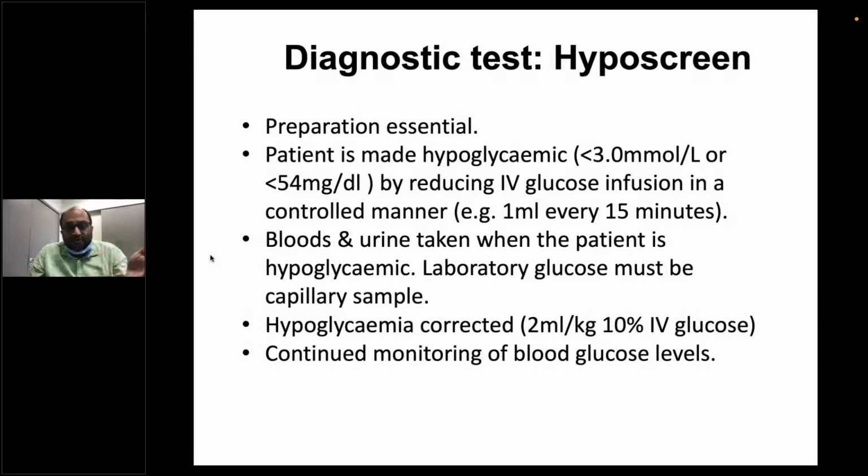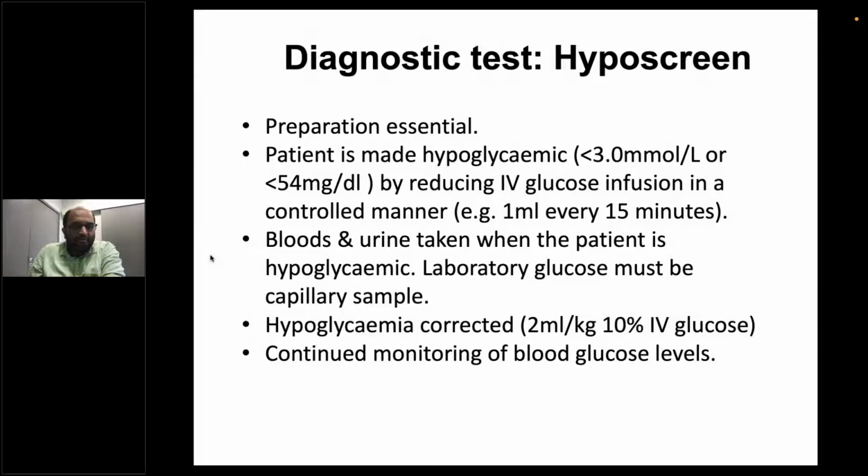This is especially so in babies. You would titrate every 15 minutes and check blood glucose every 15 minutes to make sure they don't go hypoglycemic suddenly. As soon as blood glucose goes below 3, you take the hypo screen samples and then put the fluids back up to the normal rate the baby was on.